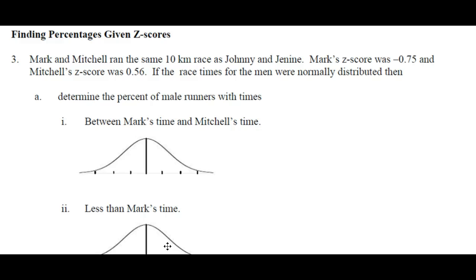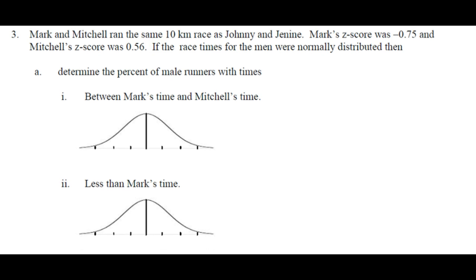Mark and Mitchell ran the same 10-kilometer race as Johnny and Janine. Mark's Z-score was negative 0.75. Mitchell's Z-score was 0.56. If the race times for the men were normally distributed, determine the percent of male runners with times between Mark and Mitchell's.